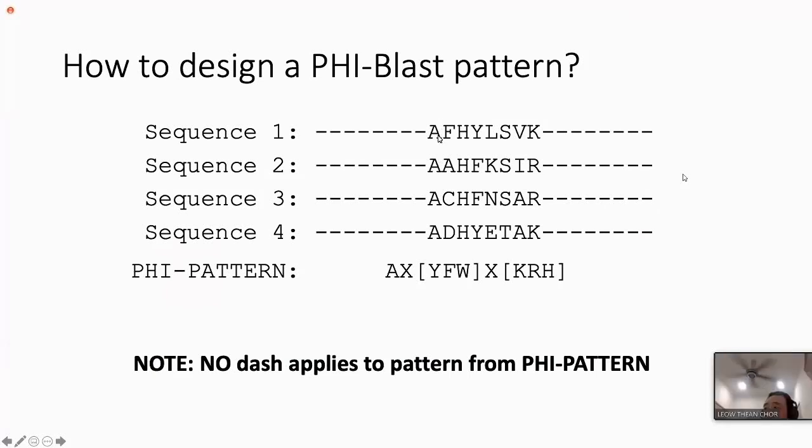Okay, for the first column, all of the amino acids here are alanine, meaning that it's invariant. So you don't need to provide a choice for them. Just write down here, alanine. And then for the second column, this phenylalanine is a ring amino acid, right? And then alanine is aliphatic amino acid.